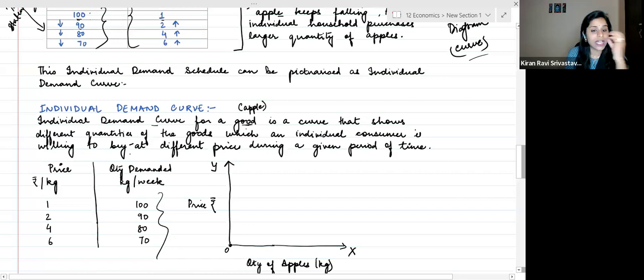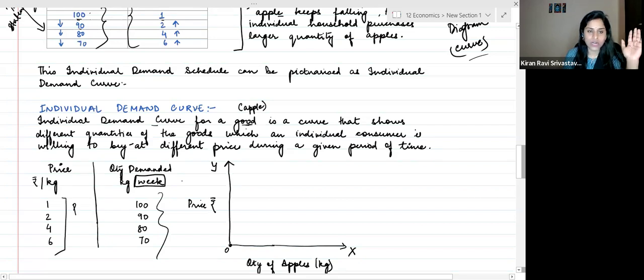There the word we used was purchasing, and here the word we are using is willing to buy. It means the same. Instead of willing to buy, you can write purchasing also. There is nothing wrong. The essence is the same. Which an individual consumer is willing to buy at different prices during a given period of time. And here the given period of time is a week. That is called demand curve.